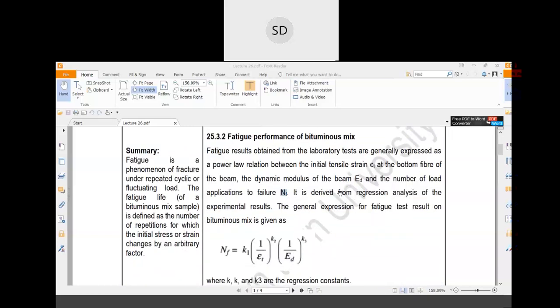Now, it is derived from regression analysis, where you find the relationship between different parameters.